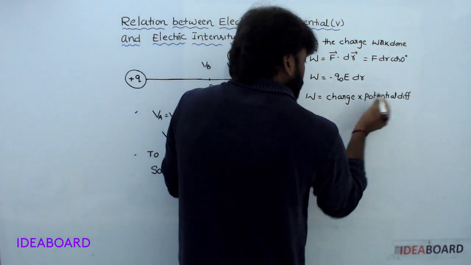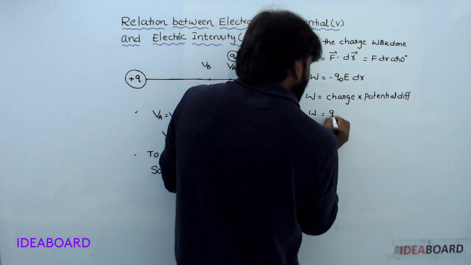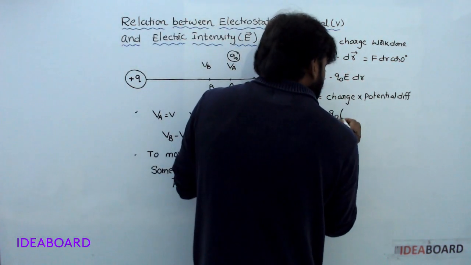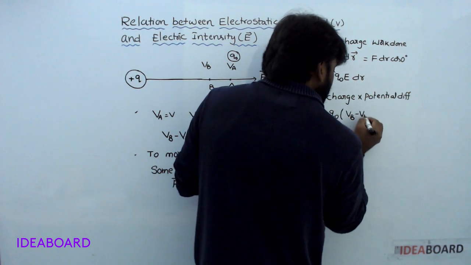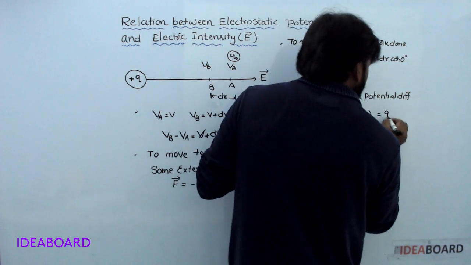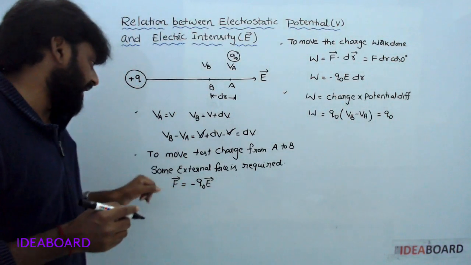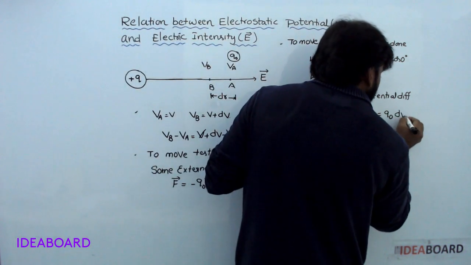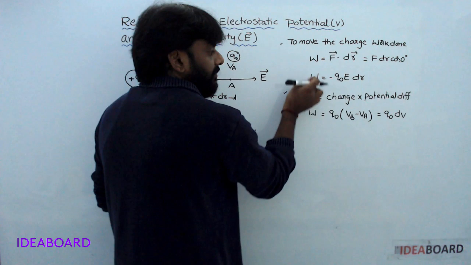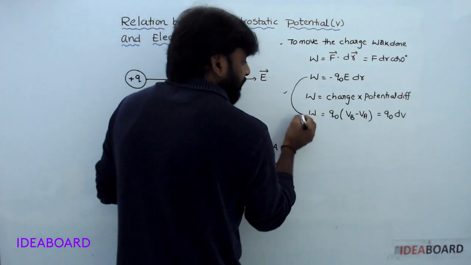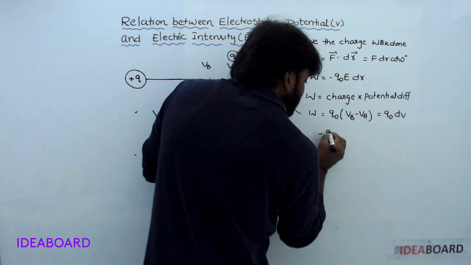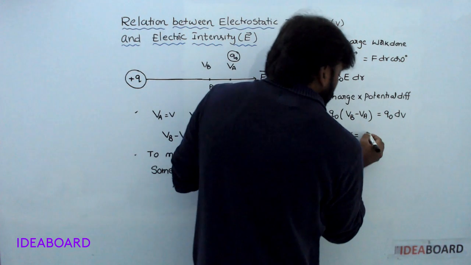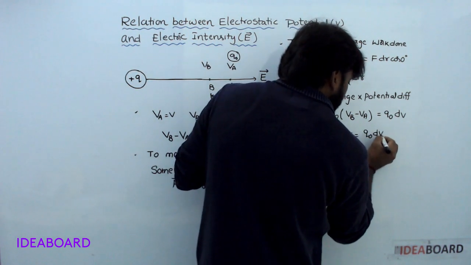Here the charge is Q naught, and the potential difference is VB minus VA, which is dV. So work done is Q naught into dV. These two are the same. Equating them, minus Q naught E into dr is equal to Q naught into dV.